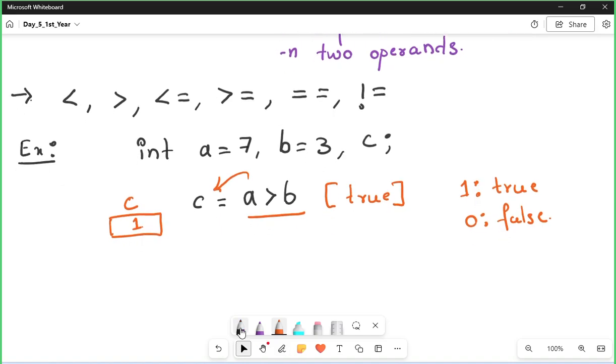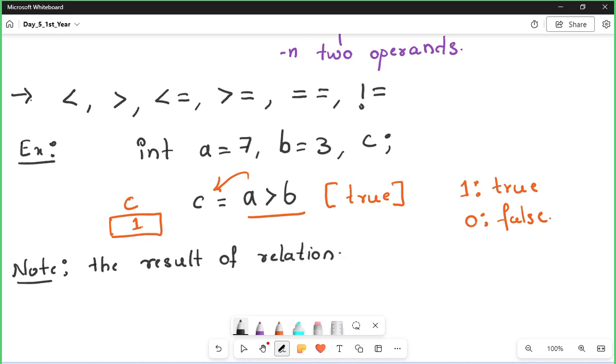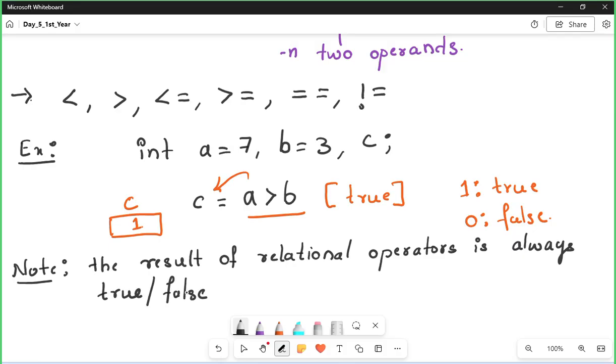Now understand one more piece of information here. Note: the result of relational operators is always true or false.